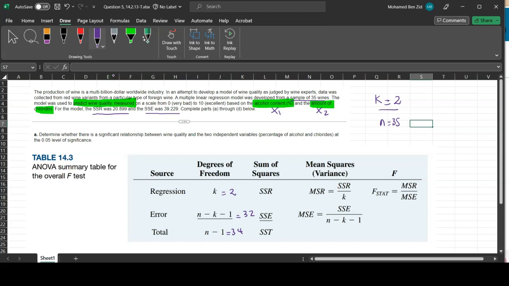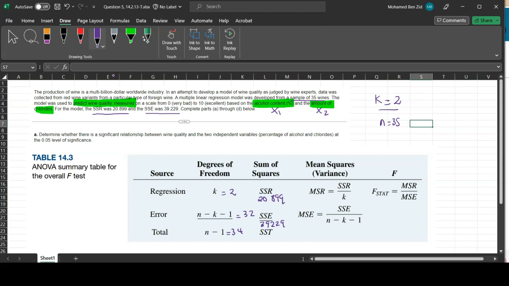Now the SSR is given to us, 20,899, and the SSE is 39,229. By the way, we could plug them into Excel and generate the whole table, but I'm going to do it by hand here.